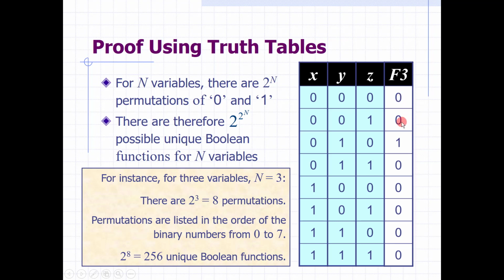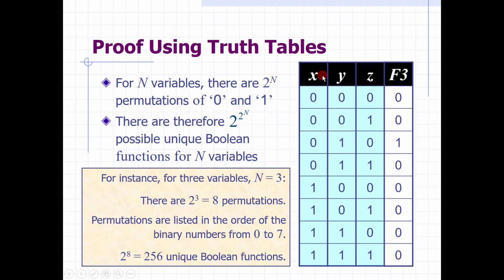Each one of these spots has 2 options. So I have 2 to the 8th power permutations, or 256 unique Boolean functions that I can make out of the variables x, y, and z.